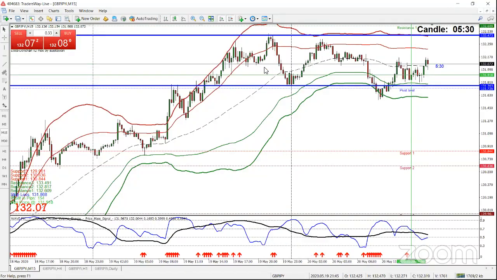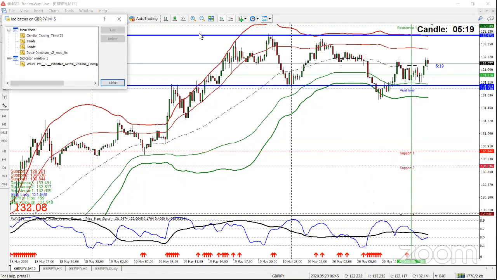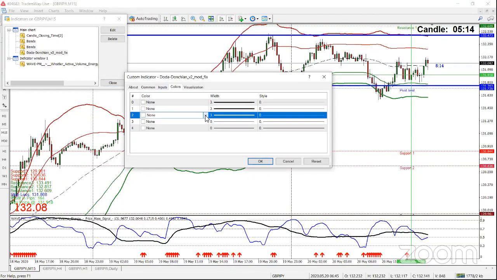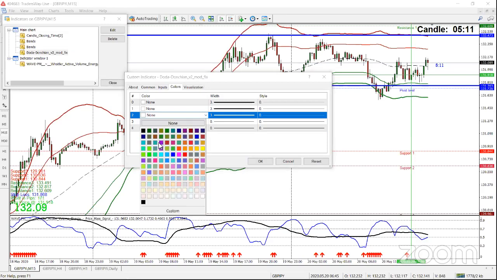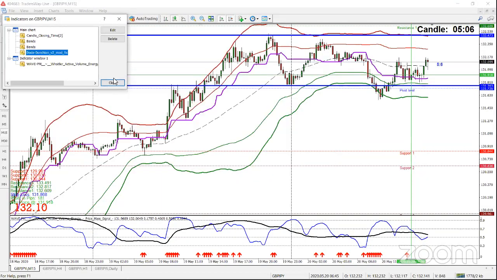Let me put up the stop loss line, because I have it off. Let me put it on so you see what I'm talking about. So this is our stop loss line.